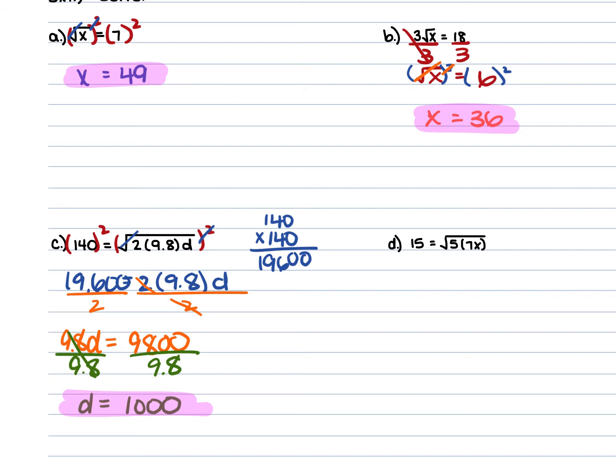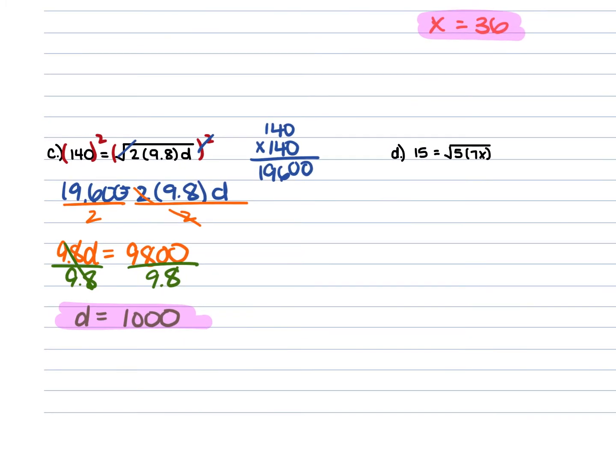For example D, we have 15 is equal to the square root of 5 times 7x. If you want for this one, if you want to multiply it first to start with, we can do that. We're just going to get 15 is equal to the square root of 35x. Your radical is isolated, so we're going to take each side and we're going to raise it to the second power. So it's going to cancel out your radical, and you're going to get 225 is equal to 35x.